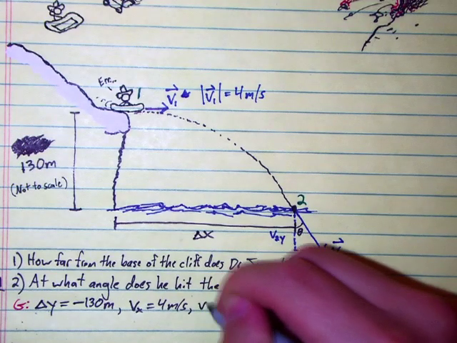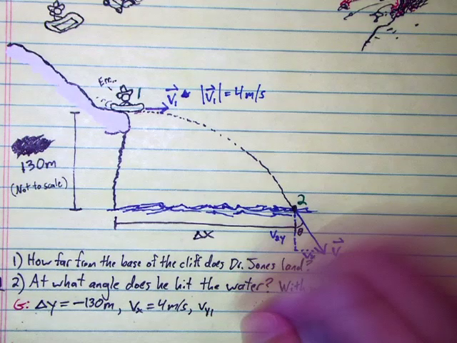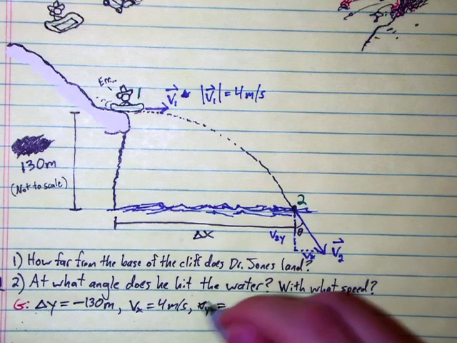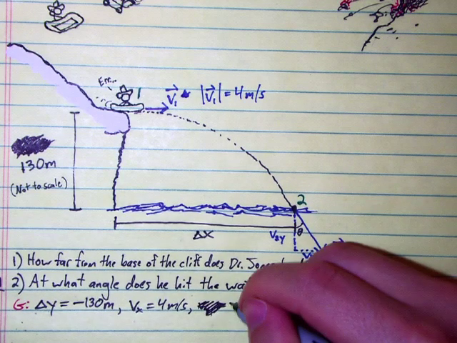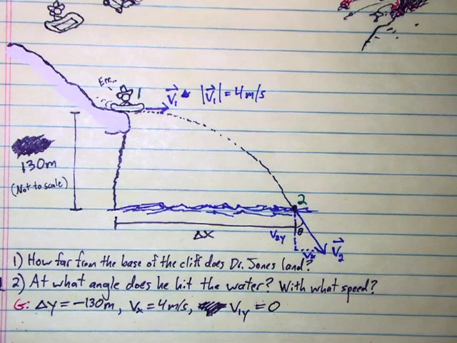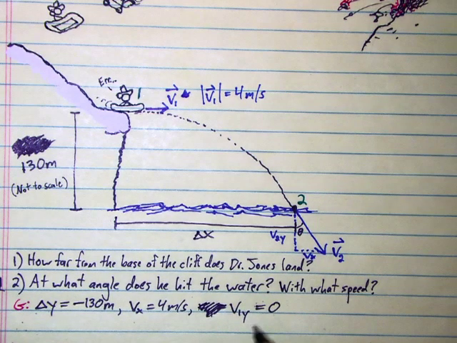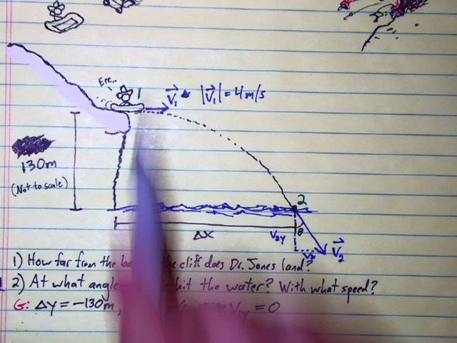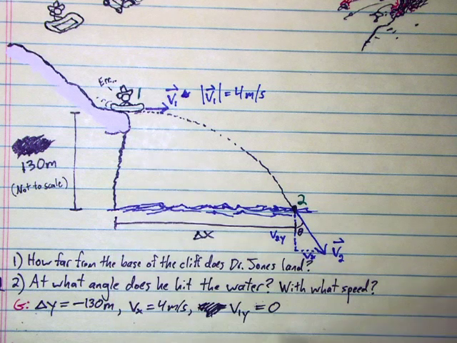And then V1y, the initial velocity y component, is 0. That's a key piece of information, that you're not moving in the vertical direction at the moment of launch. V1y is 0. Okay, I think that's about all we know here.